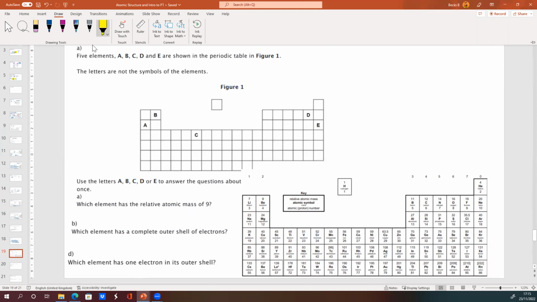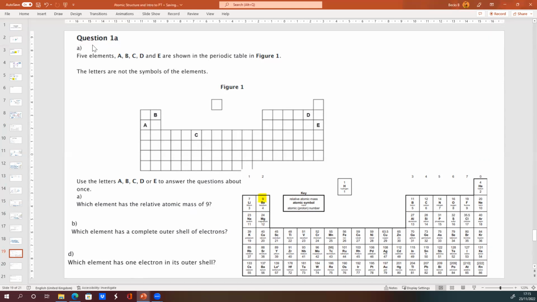Okay, so part A, atomic mass. Remember, top number is the atomic mass. Looking for one with 9 is here, beryllium. So this would relate to B on your periodic table. With a full outer shell of electrons, remember, the group number tells you how many electrons in the outside shell.